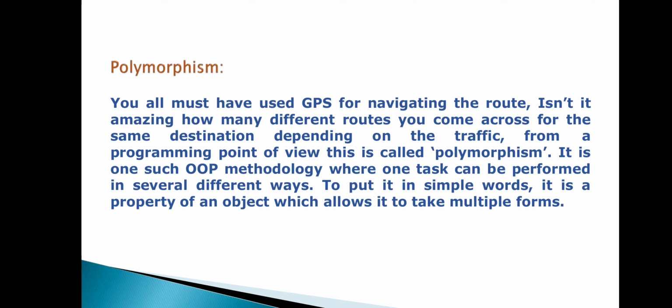You all must have used GPS for navigating a route. Isn't it amazing how many different routes you come across for the same destination depending on the traffic? From a programming point of view, this is known as polymorphism.